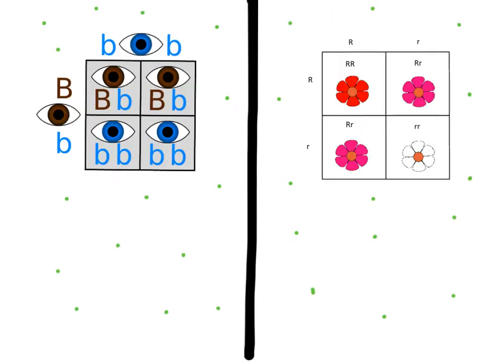Now for some real-world examples. Let's cross big B little b and little b little b, where big B is brown, which is dominant, and little b is blue, which is recessive.